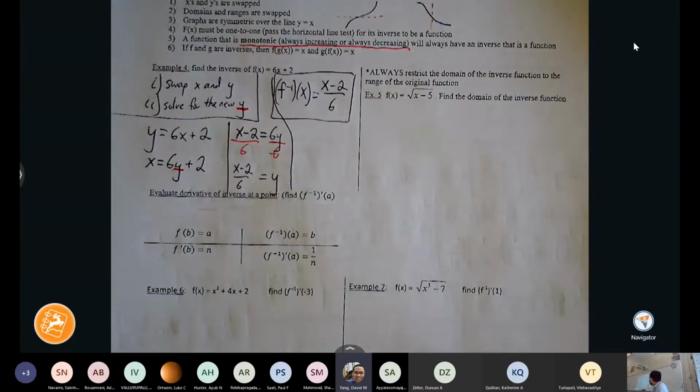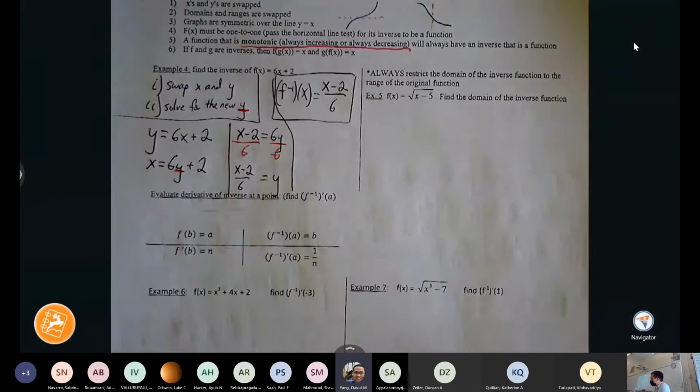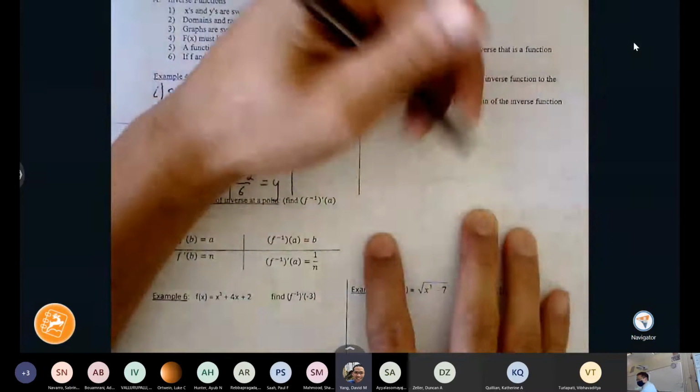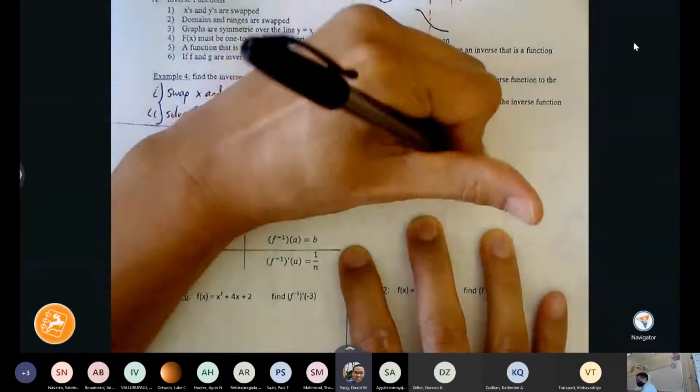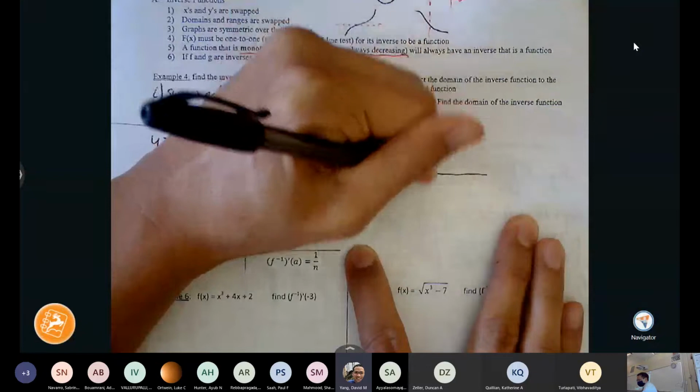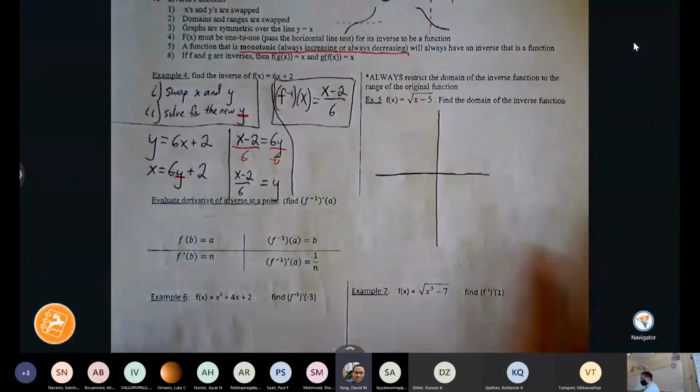Okay. We're going to skip example 5, but I want to use this space to demonstrate visually what the relationship is with the derivative side of things. Okay. So let's start with this. If you guys can draw this along with me here. So I'm going to draw a picture of a function and its inverse.